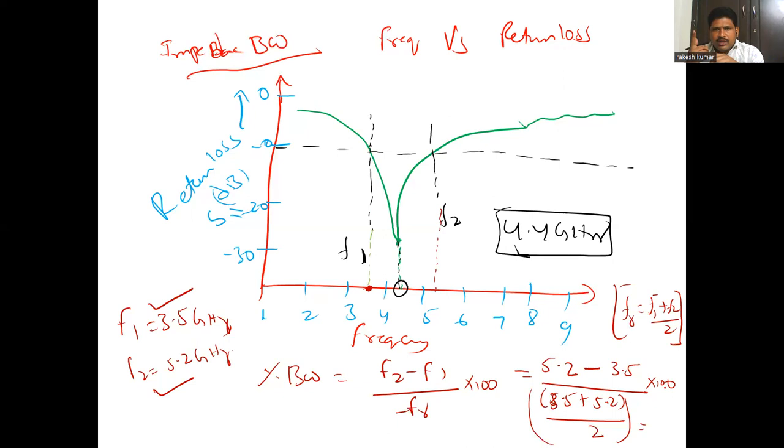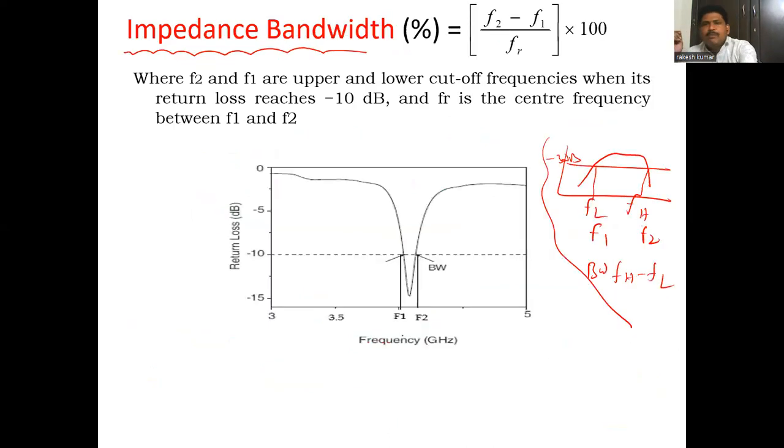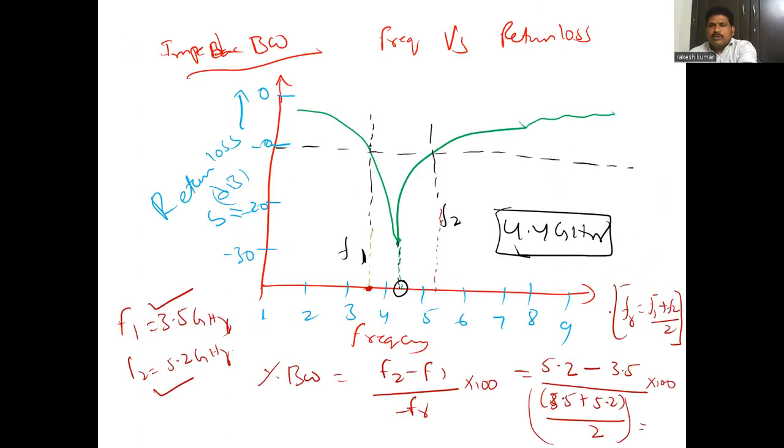The first one is return loss, the second one is impedance bandwidth. F1 and F2 are the lower and upper cutoff frequencies where the return loss reaches minus 10 dB.